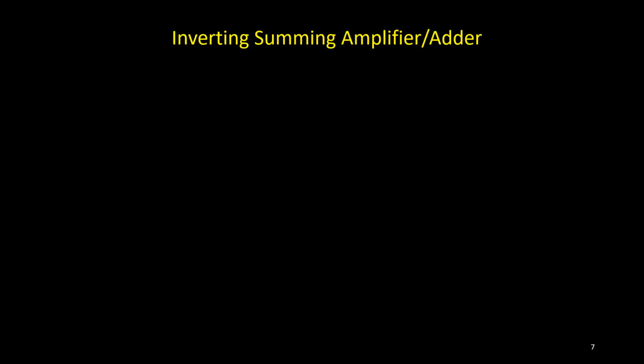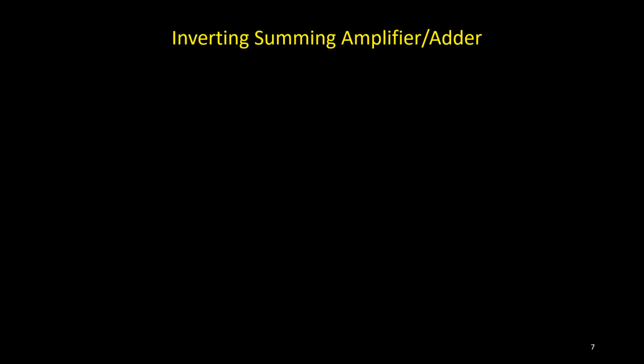Next, now we'll consider the summing amplifier. We want to get the summation of input voltages, or in other words, we want to design an adder circuit with the help of an op-amp, but all the inputs will be connected to the inverting terminal, right?